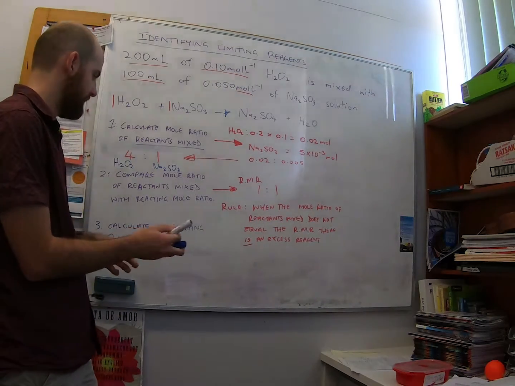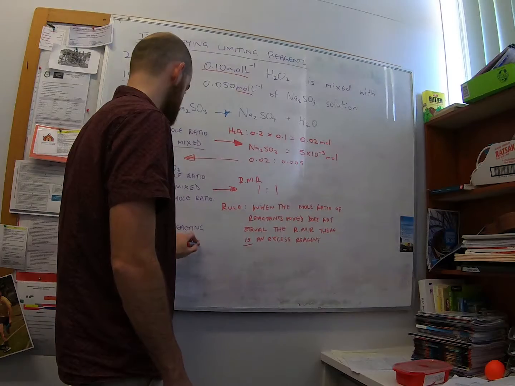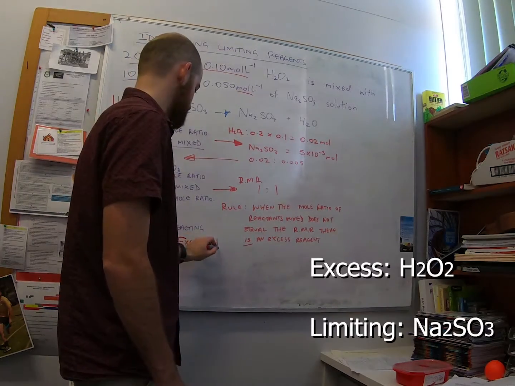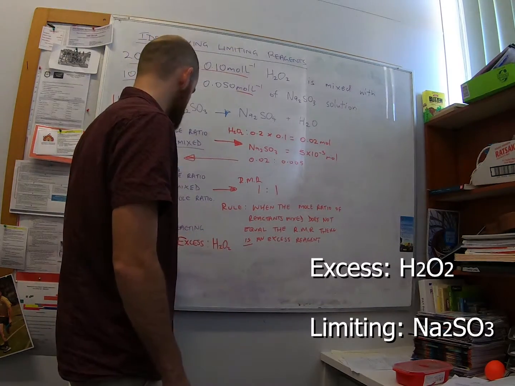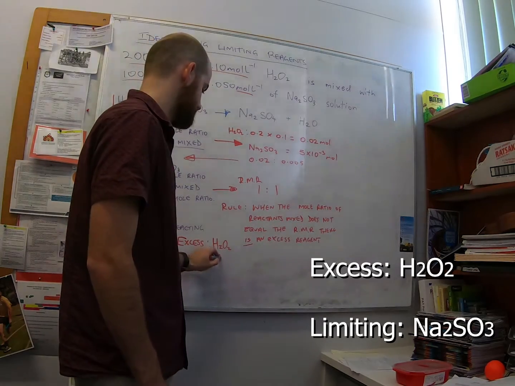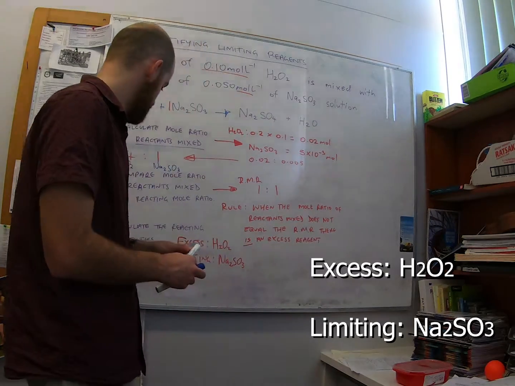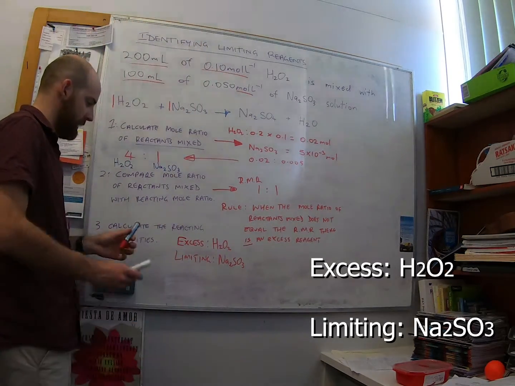So from that we can say that our excess reagent is our hydrogen peroxide, our limiting reagent is our sodium sulfite.